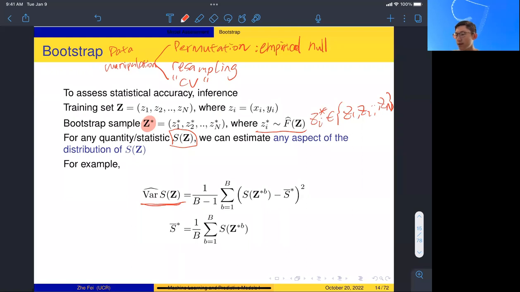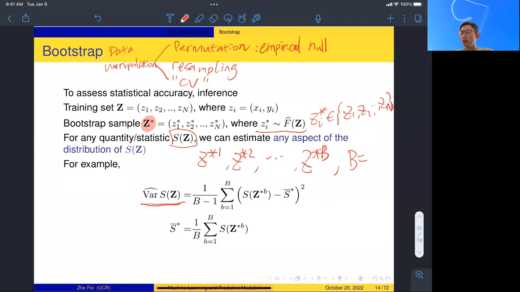And let's say we repeat this bootstrap sampling capital B times, so that we have the bold Z, Z star 1, Z star 2, all the way to Z star capital B. What it mimics is that instead of having 1 training data set, we have capital B training data sets. Now all of a sudden we become rich, right?